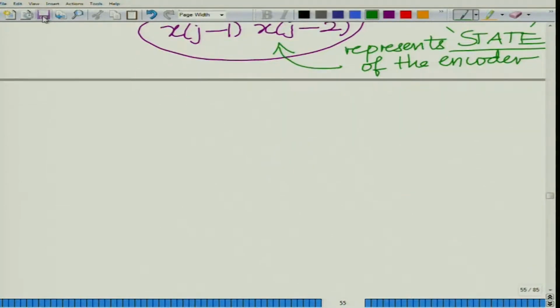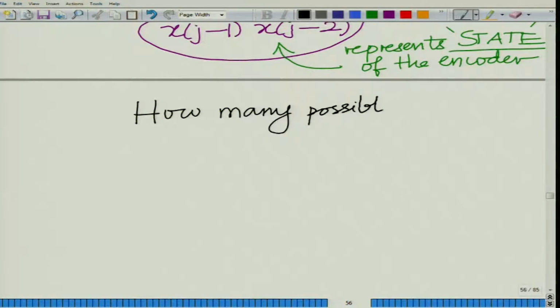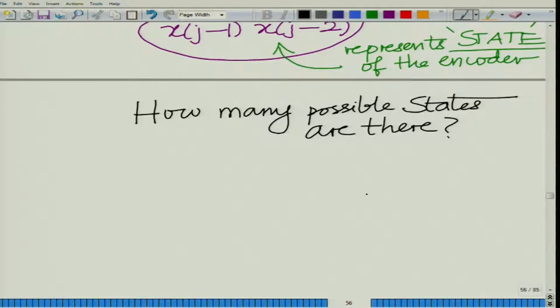Now one can ask the question, how many such states are there? For instance, let us look at xj minus 1, xj minus 2. Each can be either 0 or 1.